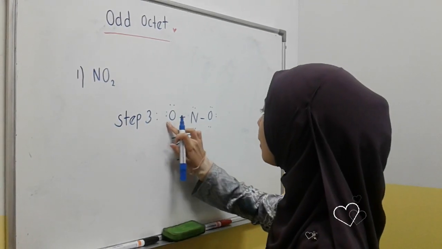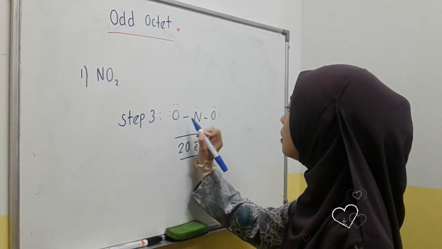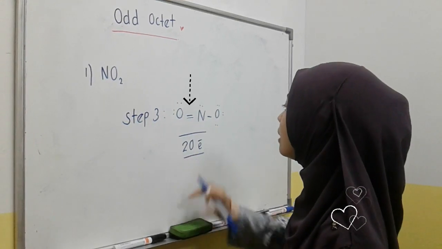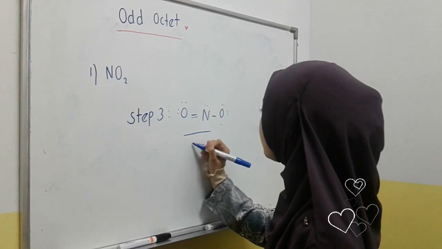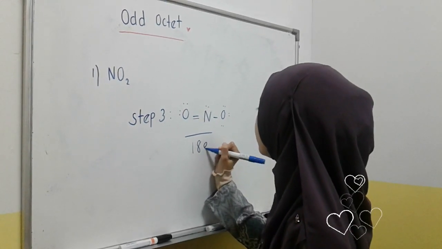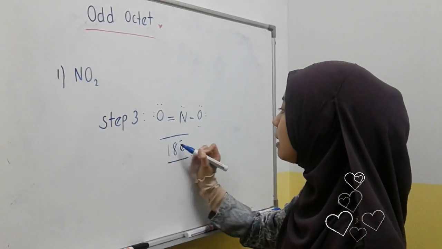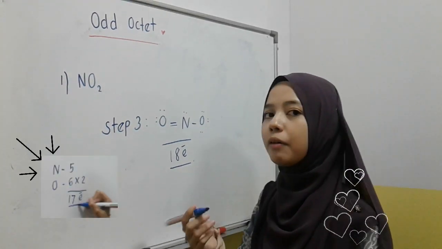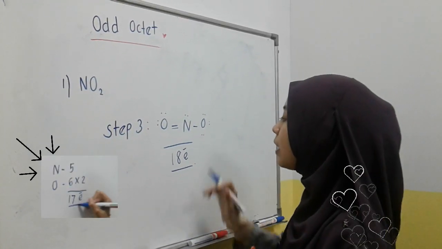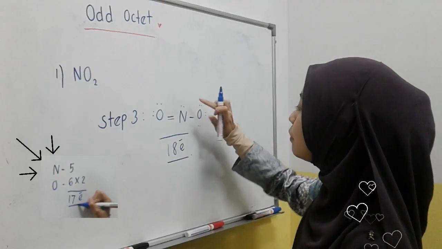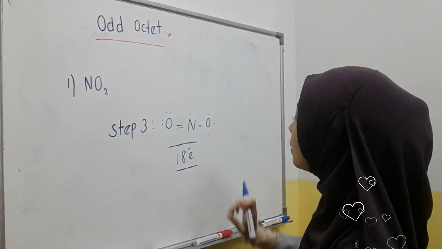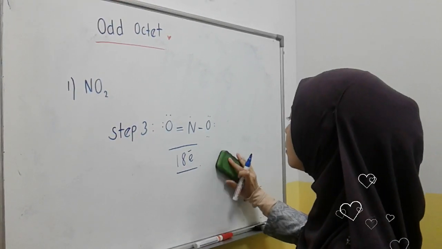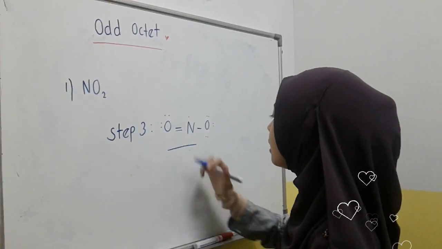Remove 2 lone pairs and put 1 bond here, so we get 18 electrons. It shows 18 electrons, but the compound that we calculated before only has 17 electrons. So we have to remove 1 electron at this atom. So we get 17.